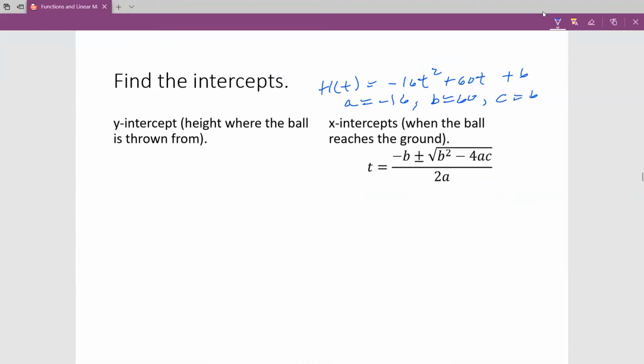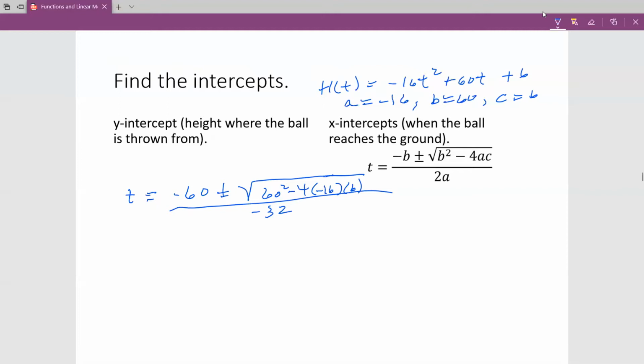And so the t-intercepts would be minus b, which is minus 60, plus or minus the square root of b squared, which is 60 squared, minus 4 times minus 16 times 6, all divided by 2a. 2 times a is minus 32.